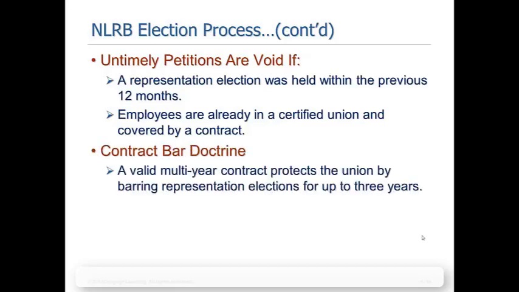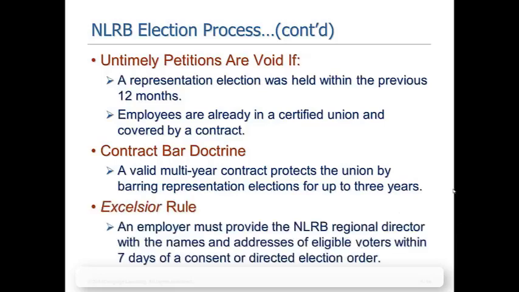Now, the contract bar doctrine says that a valid multi-year contract protects the union and it bars the representation election for up to 3 years. Okay, so by obtaining a valid multi-year contract, there cannot be another representation election.